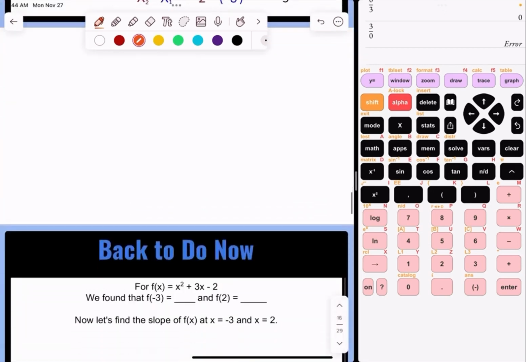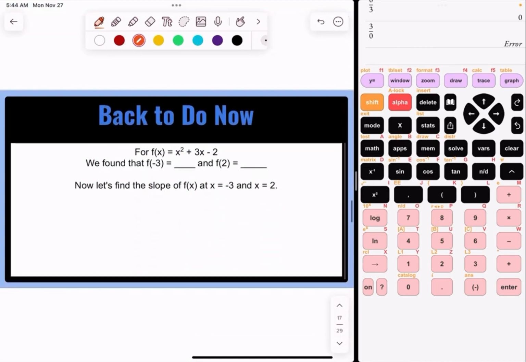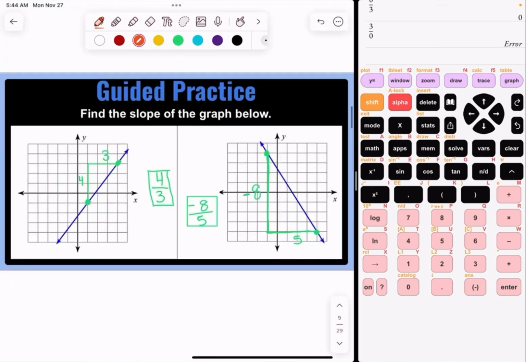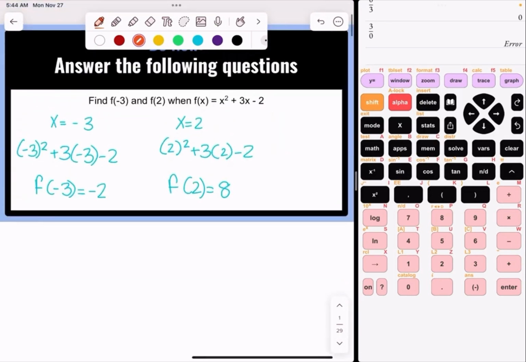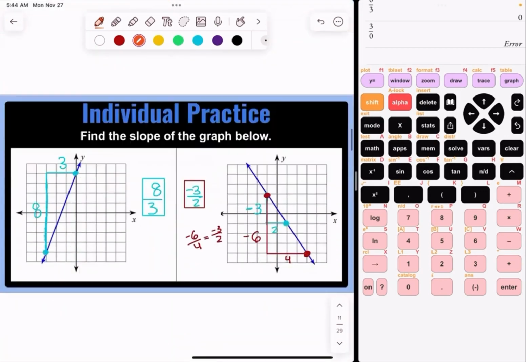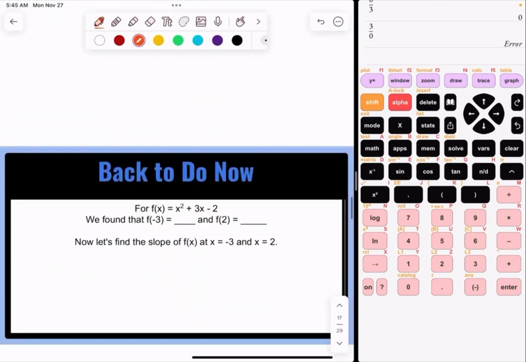So let's practice this. Back to the do now. We found that f of negative 3 equals, what was it? Negative 2, and the other one was 8. So these give me the points. Negative 3, comma, negative 2.